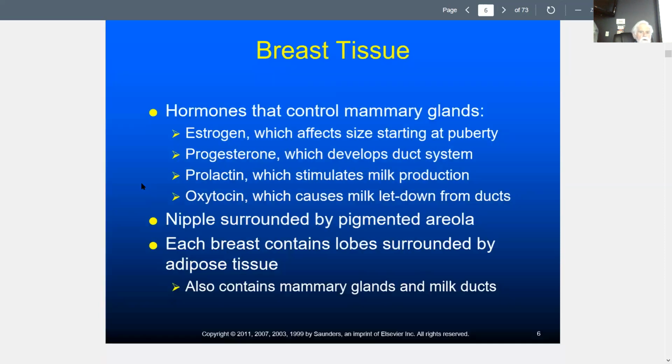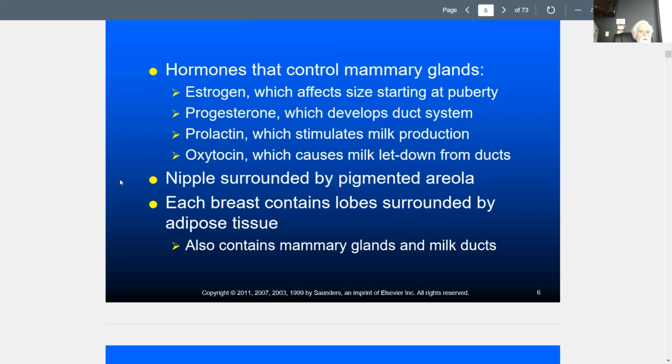Then we have breast tissue. Breast tissue obviously serves the purpose of feeding the newborn, and so the breast contains lobes which produce milk. Mother's milk is the ideal food for babies.